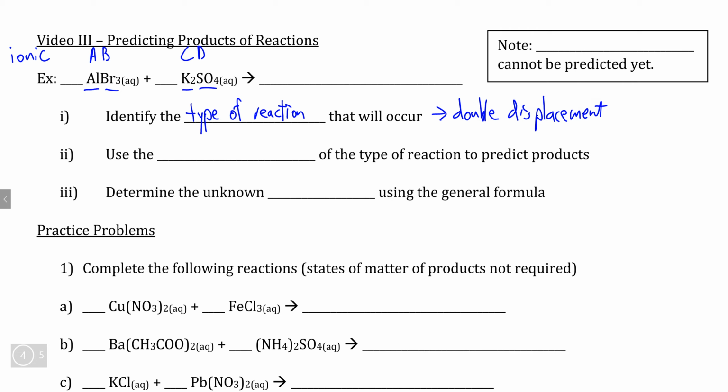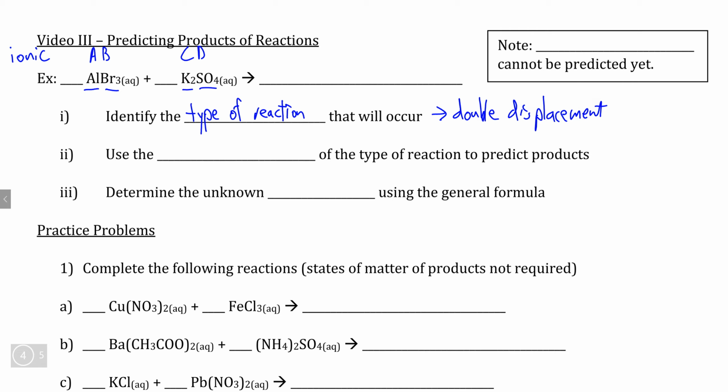We know that this isn't going to be a decomposition reaction, because a decomposition reaction has one compound that breaks into separate elements, and it's not likely going to be a synthesis reaction either, because that would be two elements joining together to make a compound.